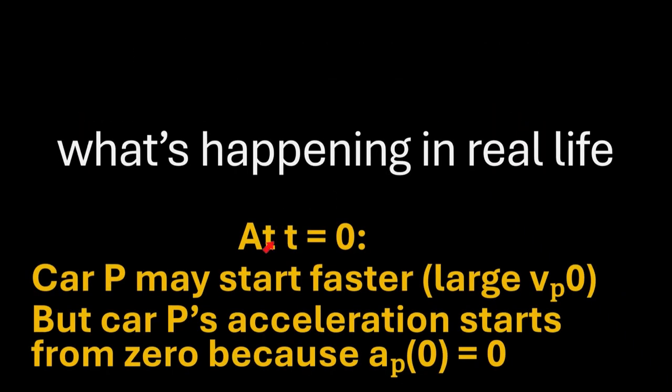Now, at t equals 0, car P may start faster, which means the initial velocity of P would be larger. But car P's acceleration starts from 0, because a_P at time t equals 0 is equal to 0. Now, there are a lot of things that will not make sense in the first 10 to 20 minutes of the solution here.